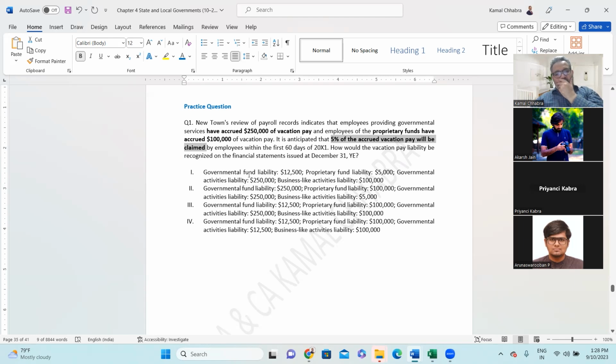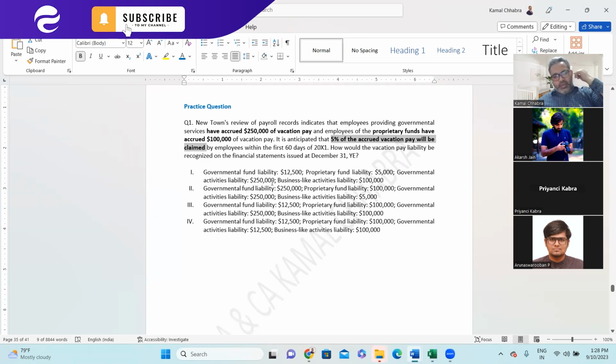Governmental fund liability 12,500, proprietary fund liability 5,000, governmental activity liability 250,000, business-like activity liability $100,000. The proprietary fund is business-type activity, and the governmental service is governmental activity. So 250 and 100 will go to the governmental activity liability and business-like activity liability. That, I think, is correct, right?